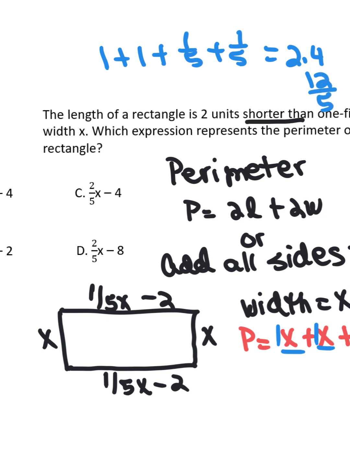Okay, so on my x's, I'm going to get 12 over 5x. I also have like terms, negative 2 and negative 2. I'm going to do negative 2 minus 2 on Desmos, and that's going to equal negative 4. So the correct expression would have been answer A.